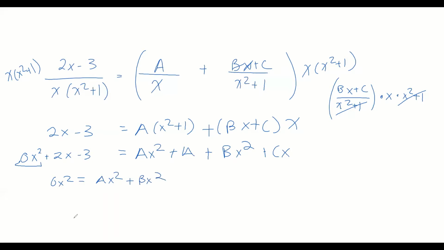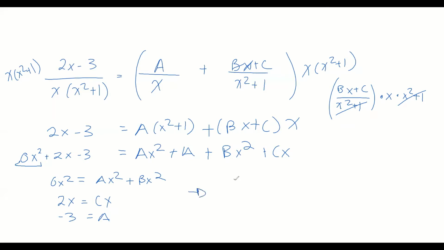And then I can have my x's, which is 2x is equal to cx. And then I have that third one, which is -3 is equal to a. This is the equation for all the x squareds, then all the x's, then the coefficients or the constants. Then I can go ahead and get rid of my variables, my x variables specifically.